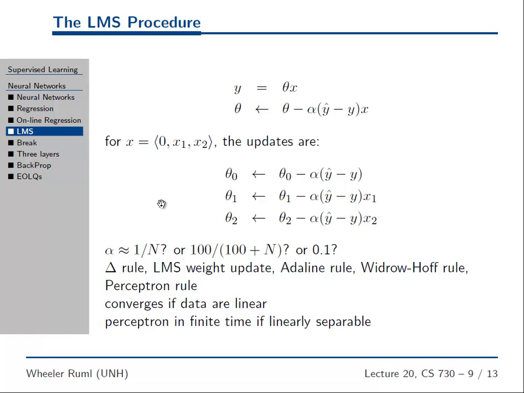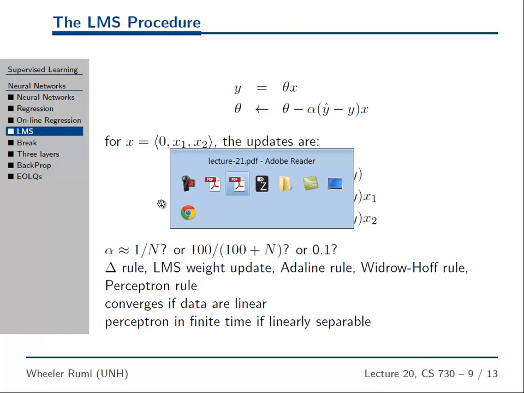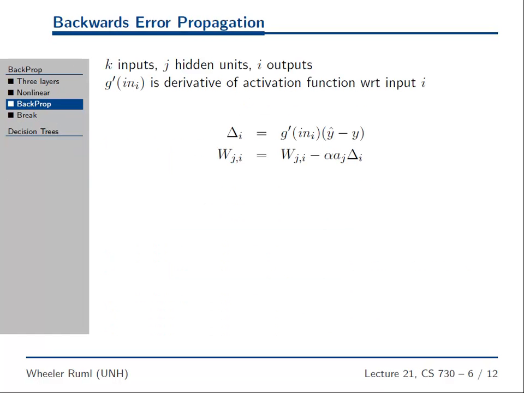So BackProp was actually invented in like the 60s, and no one really cared. Then it was reinvented in the 80s and caused this incredible explosion of interest in neural nets. If you have a net with k inputs, j hidden units, and i outputs, so it would go k, j, i.